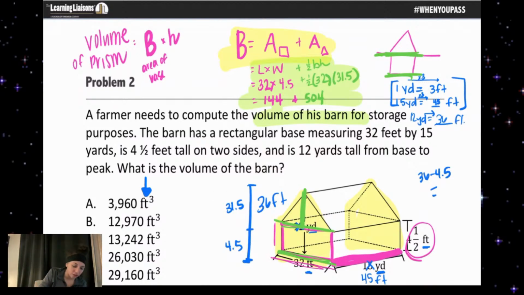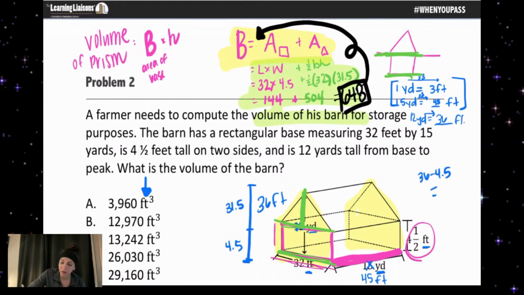So now I have 504 plus 144 equals 648. That is the area of my big base. Now the volume of my prism is just area of the base times the height of my prism, which we already discussed is that connecting piece between pentagon number 1 and pentagon number 2.